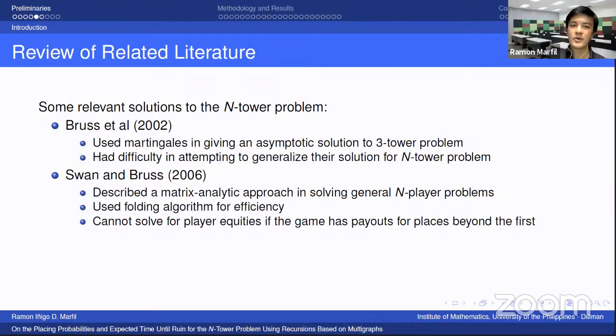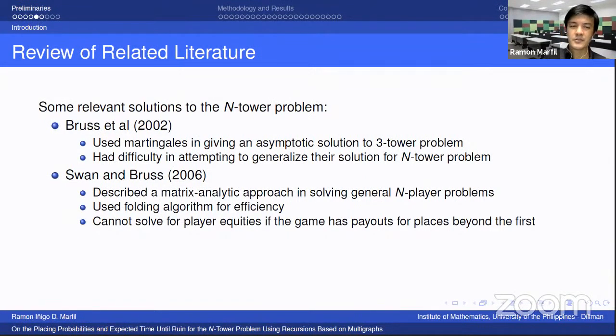Tapos ang ginagawa nila doon ay para mas mabilis nilang ma-solve yung problem, hinati nila or fina-fold nila yung lattice para kumonti yung levels para mas maging simple yung pag-solve dun sa problem. And later on, they will unfold or ibabalik nila by some recurrence para ma-solve nila yung main problem.